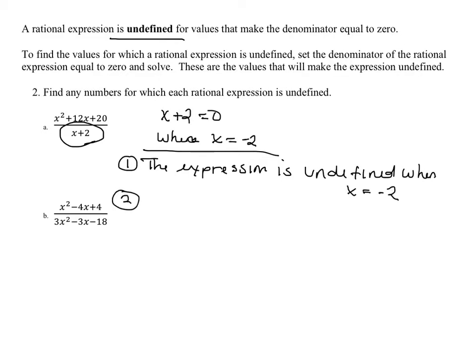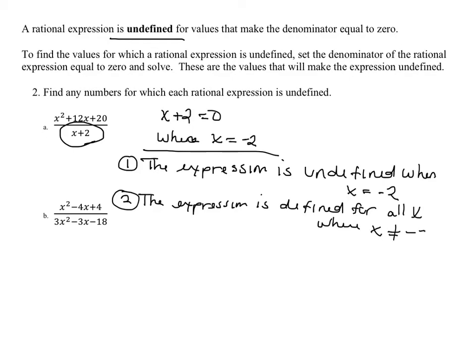Way 2, we can say the expression is defined for all x where x is not equal to -2. So we can say when it's undefined, or we can reverse that and say that the expression is defined for all x where x is not -2. So let's look at the next one.